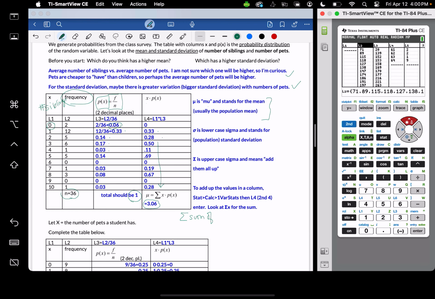Arrow over, up, clear, and back down. I accidentally just deleted that, so I need to go up, clear, and back down. And that can get rid of all the data values that I don't need anymore. Okay, I think I'm all cleared out. There are 6 lists available in Stat Edit. So I'm going to enter the data.